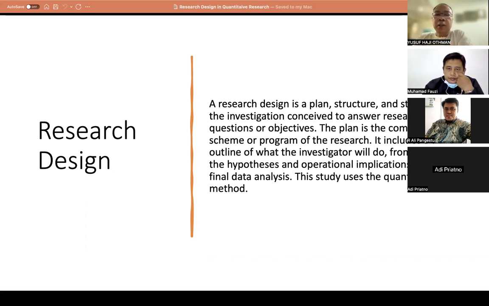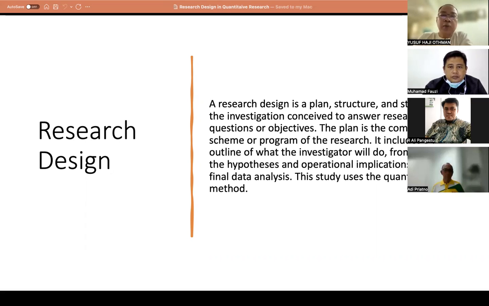For example, suppose you have 7 variables, or we call them constructs, in the theoretical framework. Then we have to give the operational definitions.